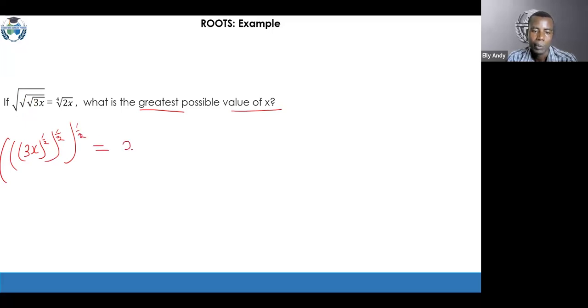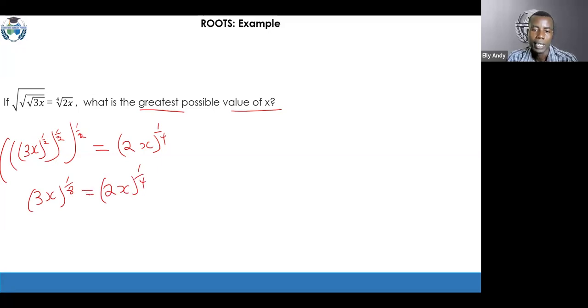And this is equated to 2x. Fourth root means raised to a quarter. So remembering your rules of exponents, you can multiply all these to have 3x raised to power 1/8 equal to 2x raised to a quarter.